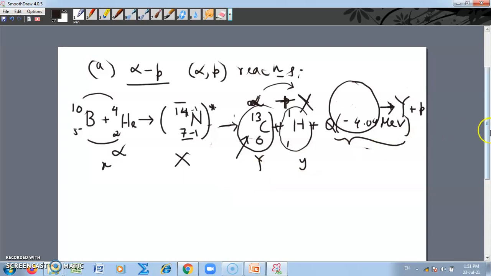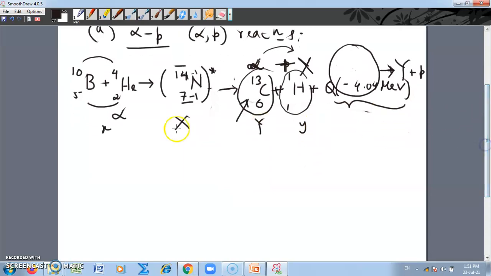So let's try another one. Suppose I have potassium with mass number 39 and atomic number 19. For this, immediately when I write this, I can write the whole equation. Let us see what it will be.